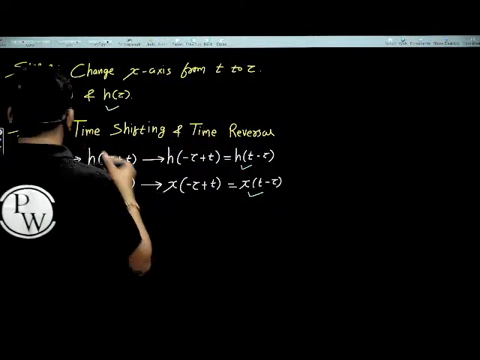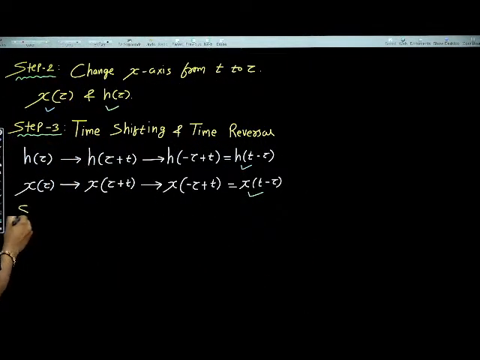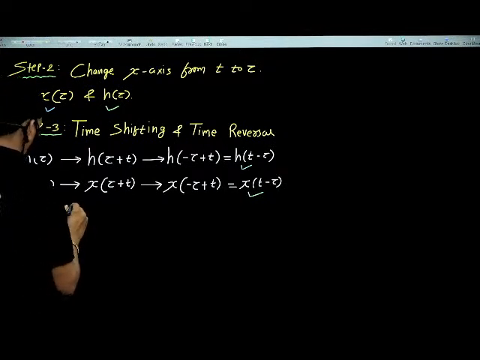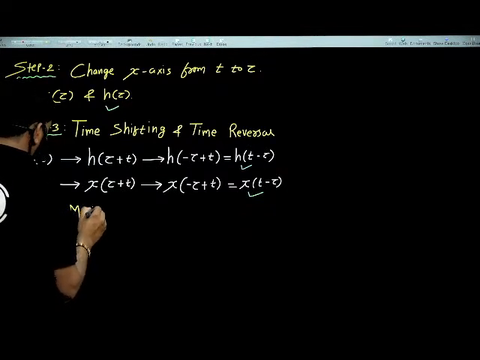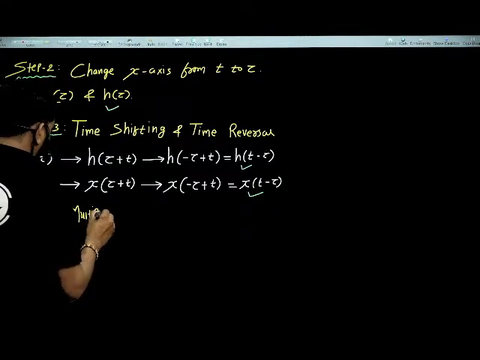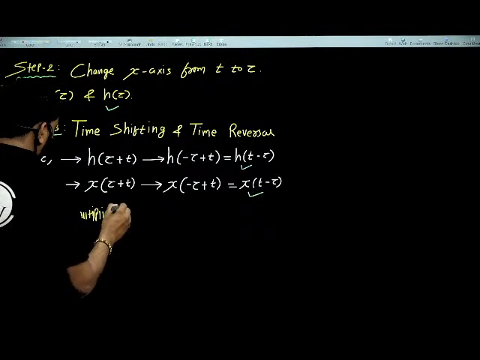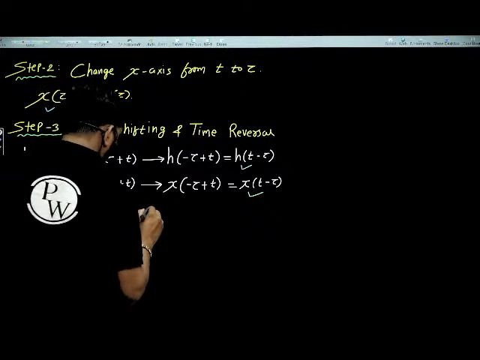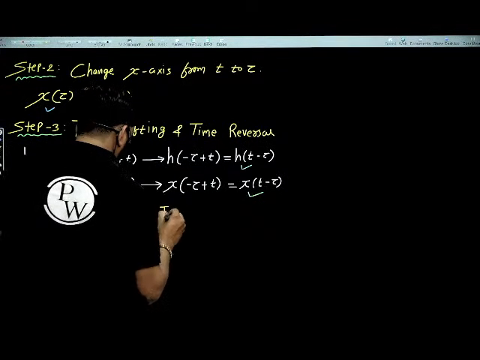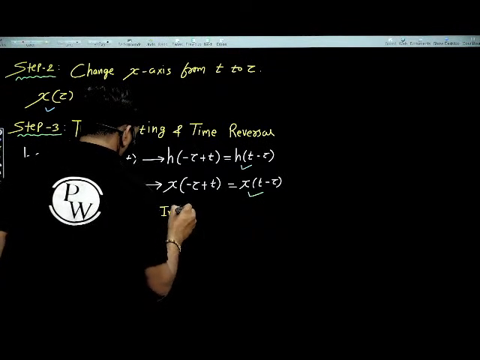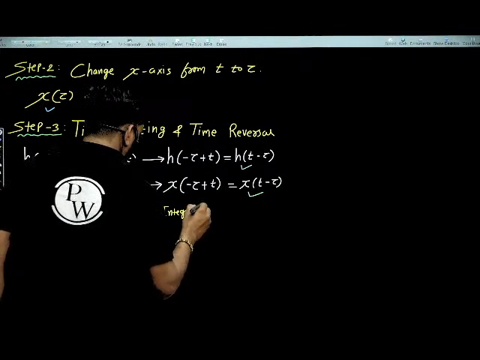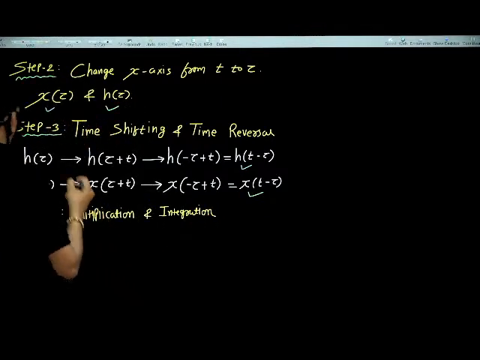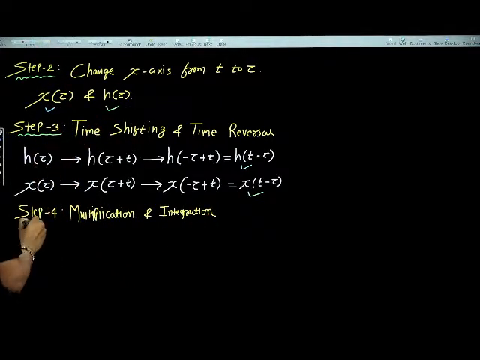Step number 4, for the graphical method, is multiplication and integration.